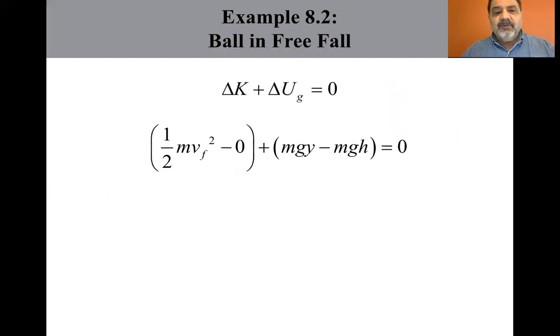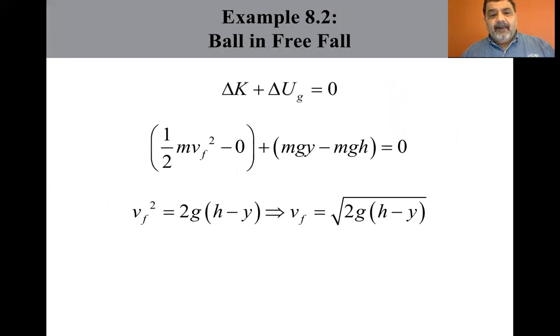Let's solve for v final. We can take out mg. If we transfer it to the other side, we get a minus mgy plus an mgh. We just reverse those and pull out the mg.